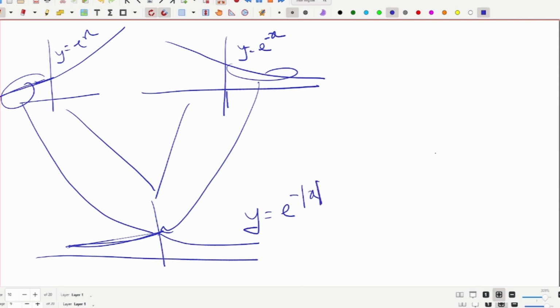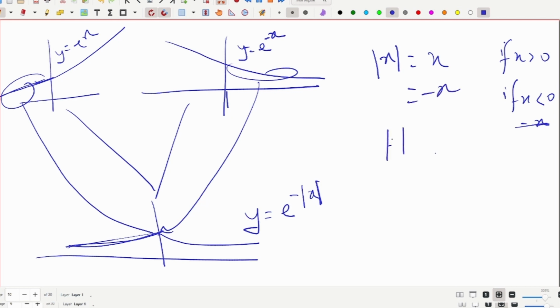What is modulus x? I will just tell you this basic: modulus x is the absolute value of x. If x is more than 0, it is x; if x is less than 0, it is minus x, which means modulus of minus 5 is 5, and modulus of 5 is 5.